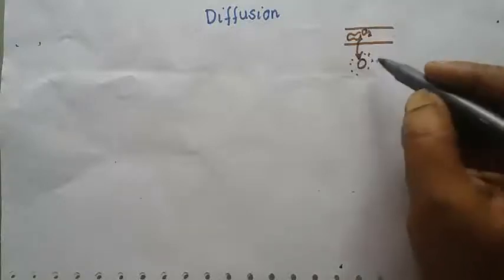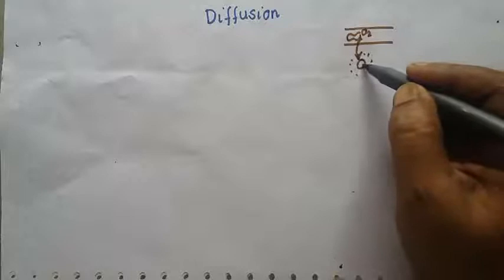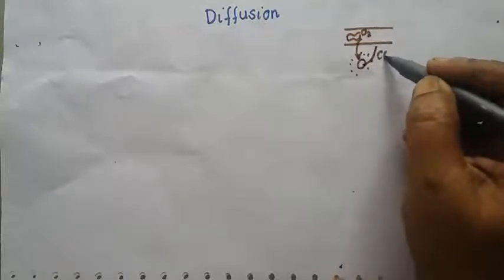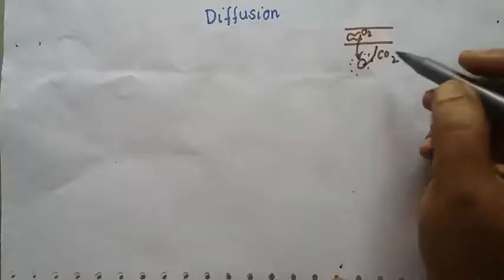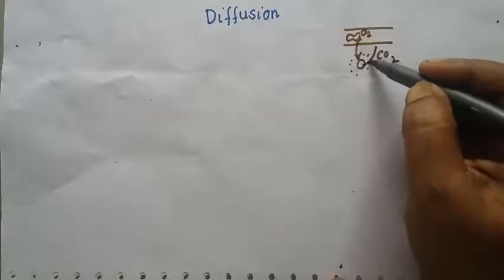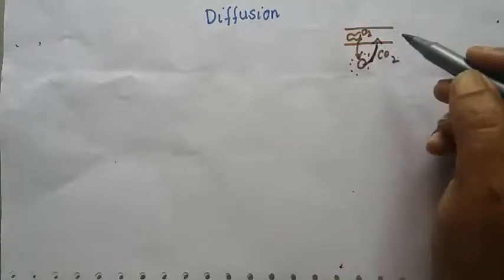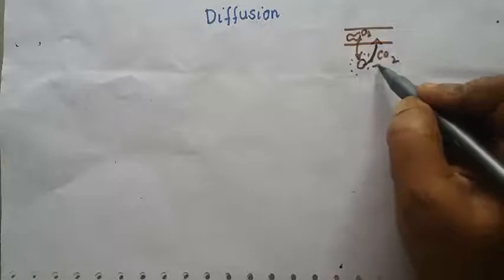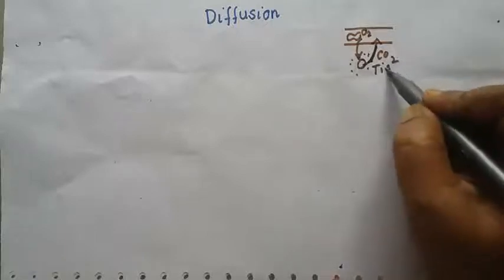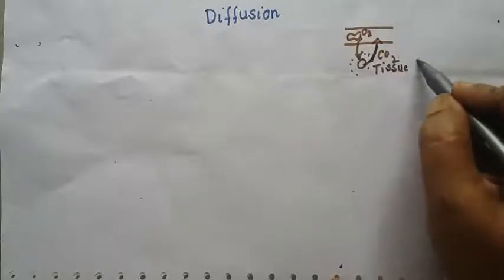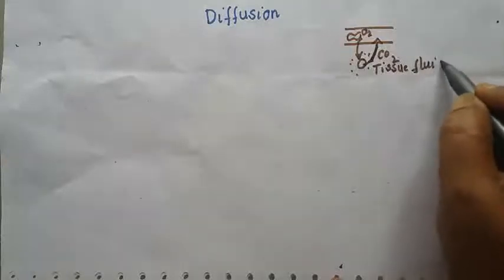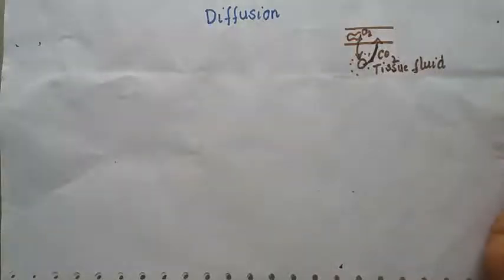In the same way, the cells after cellular respiration liberate carbon dioxide, and there is an outward diffusion of carbon dioxide from tissue fluid into the capillaries. I was using this word several times. Now let us study what diffusion is.